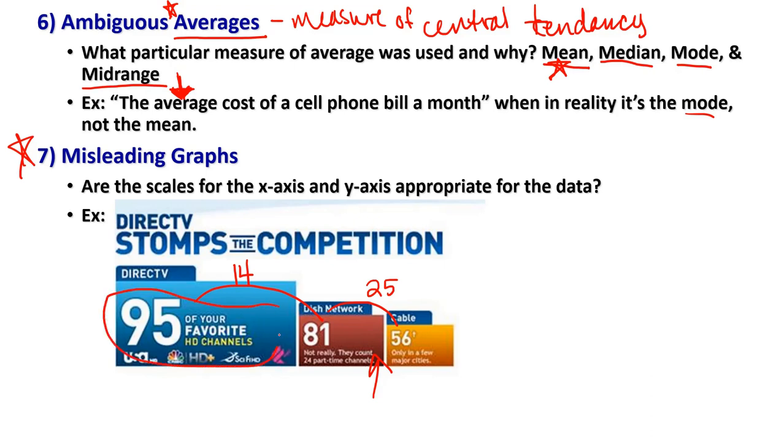So what's misleading is that they're trying to make it look like DirecTV is way farther ahead than Dish Network and cable, when really the difference between Dish Network and cable is way larger. It's almost double. So make sure you're watching for scales or axes with appropriate or inappropriate graphs. Scaling is not the only way, but definitely one of the most common ways to mislead with a graph: by screwing up the scaling, skipping the scaling, or jumping and all that stuff.